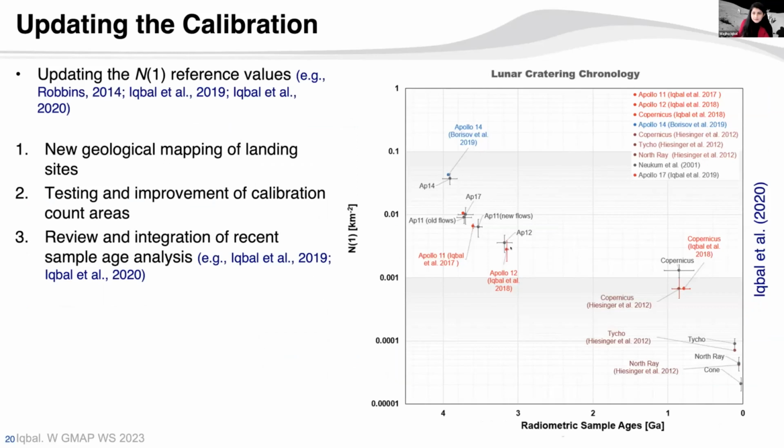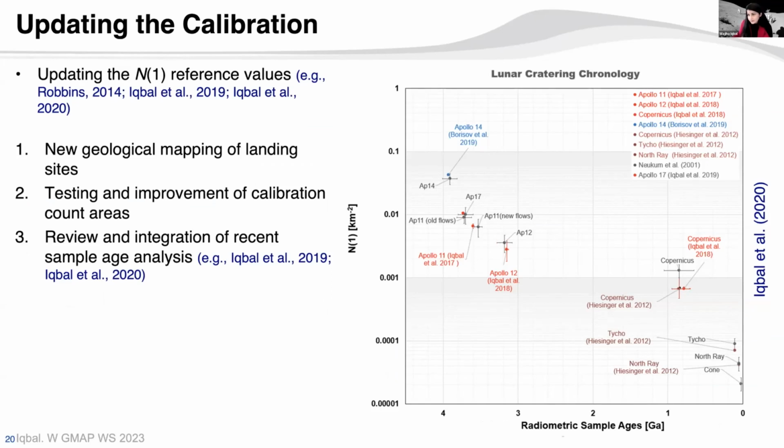So this is the red point, which is the updated age for this chronology function, and this is the black point which was originally used.